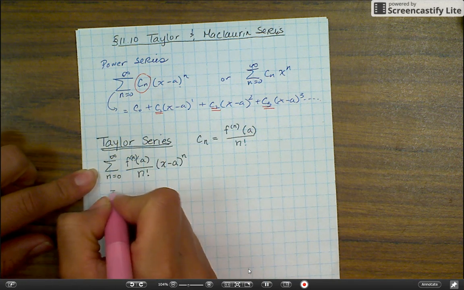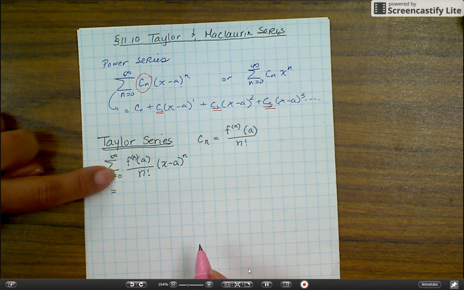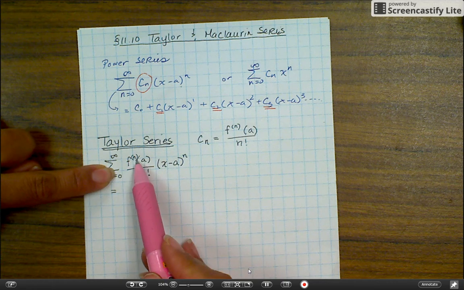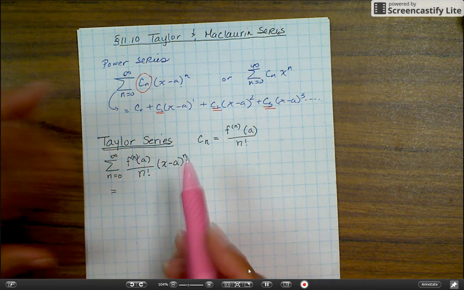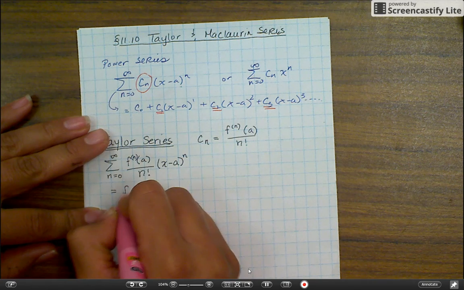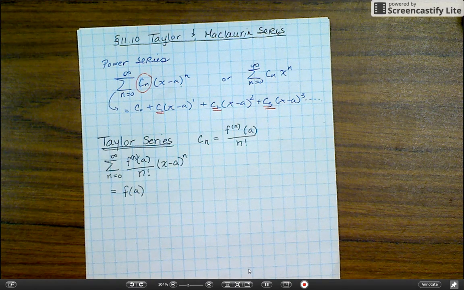So what does the expansion look like? Well, starting off at 0, when I put 0 in here, that means I have not taken the derivative. So it is just f of a. That is my first term.